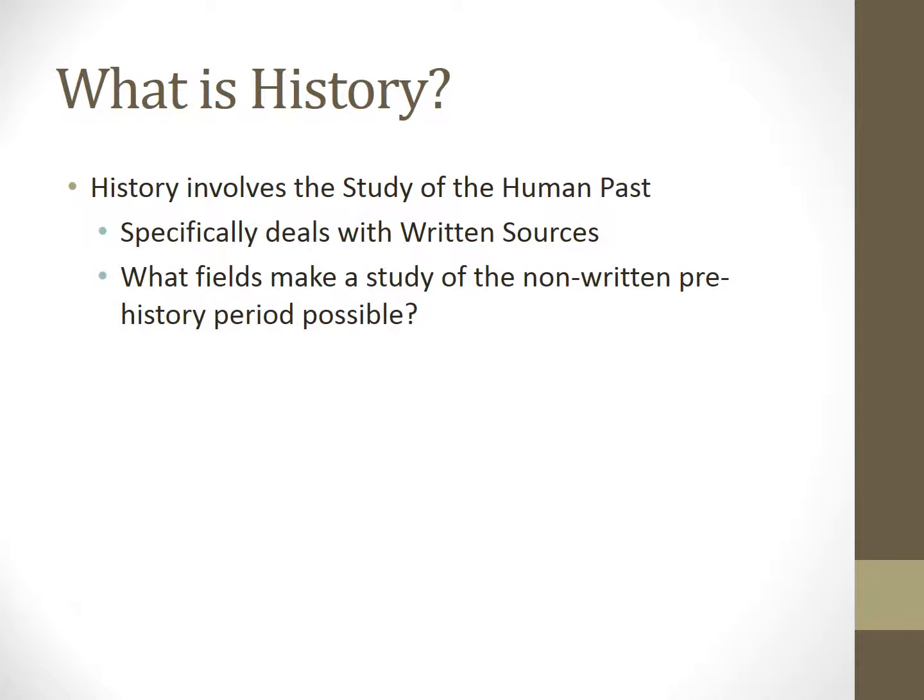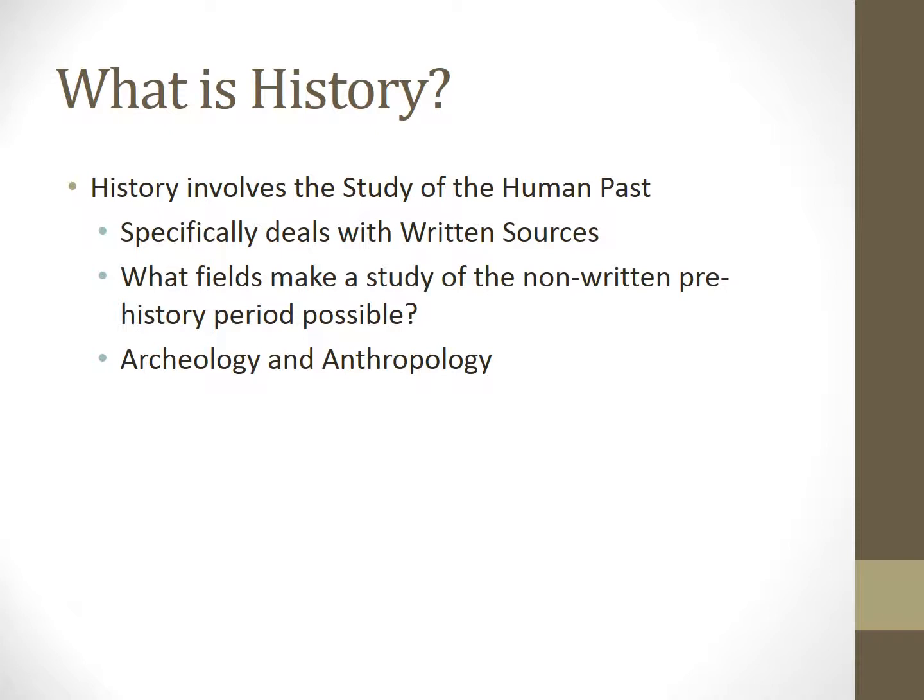And that would be largely, if you think for a second, archaeology and anthropology. History is an interdisciplinary field, meaning that historians always draw from different forms of scholarly inquiry. Historians, depending on your subject, may use political science in their work. They might use sociology in their work.